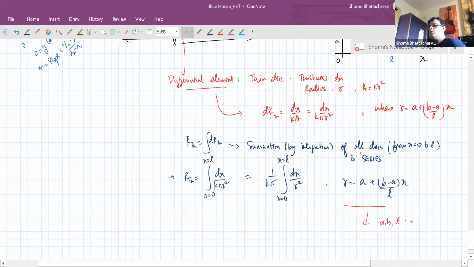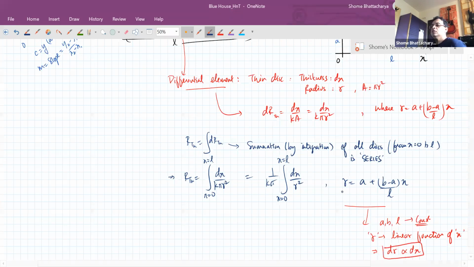A, B, and L are constants. So we can see that r is a linear function of x. If r is a linear function of x, that means dr should be proportional to dx. So this is the trick we will use.